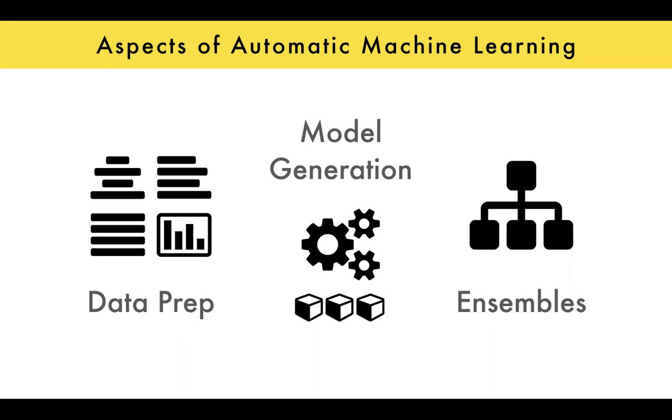You typically don't know what the best model should be without trying a whole bunch of things, so there's a phase where you're generating a lot of models. And then, maybe optionally at the end, but something I always like to do, is some sort of ensembling of the models.